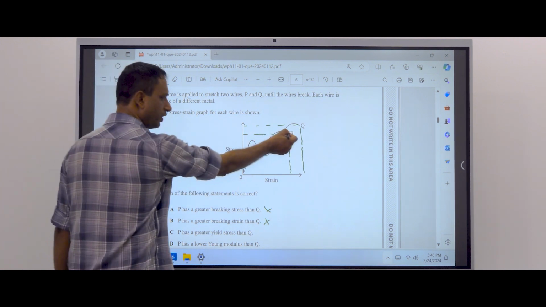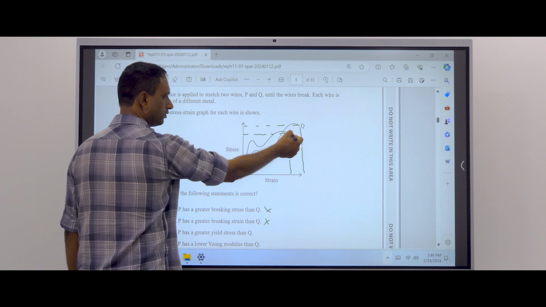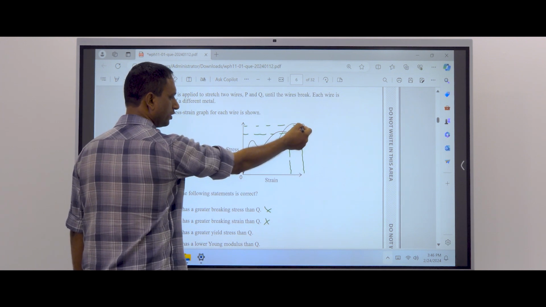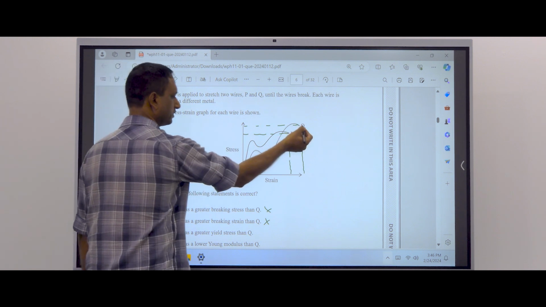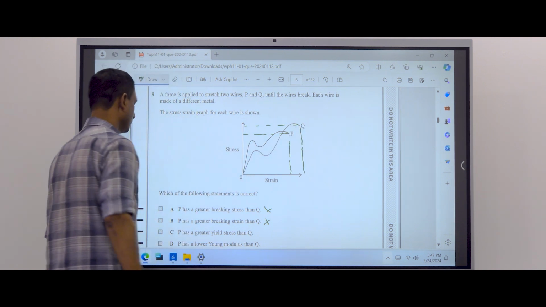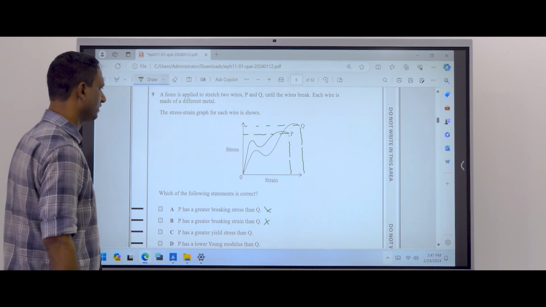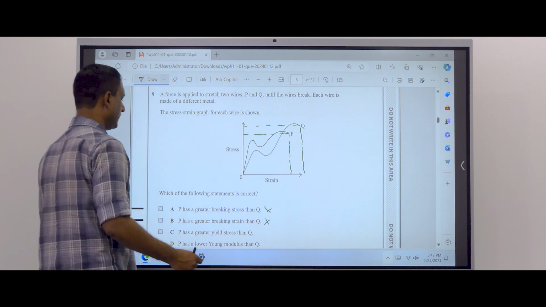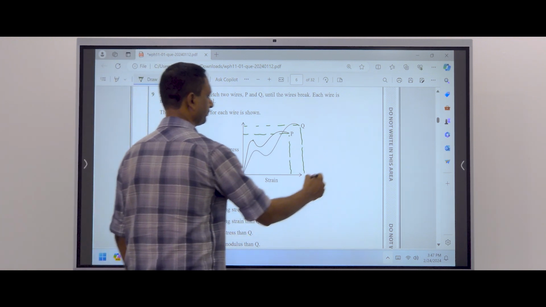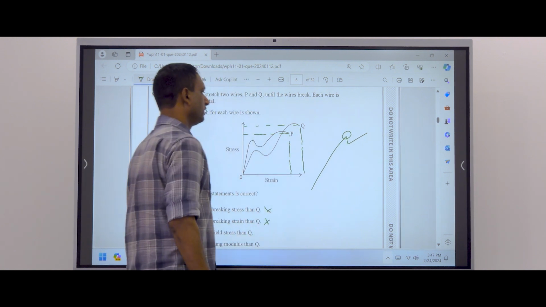This is the breaking point. Breaking strain is this one for P, and for Q it is this one. Breaking stress for P is this one, and for Q this one. Then, P has greater yield strength. The yield point is this point. Any graph that changes like this has a yield point.